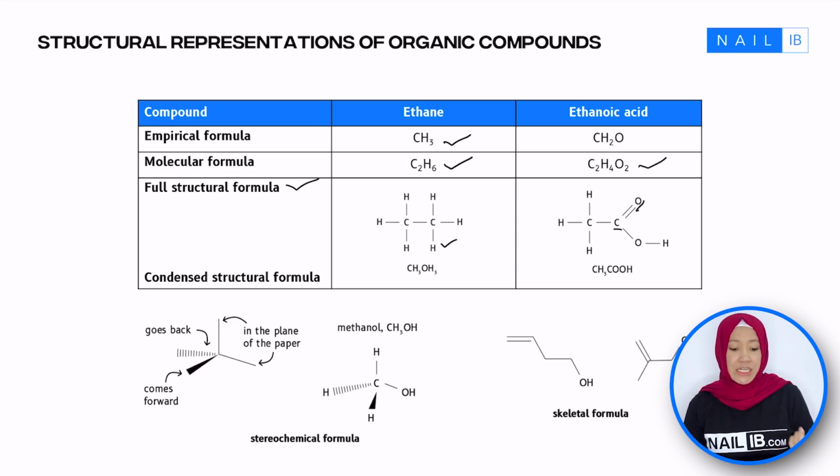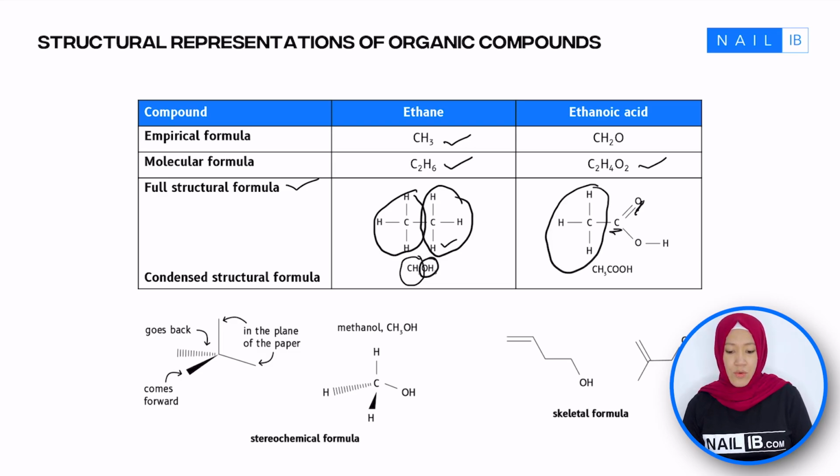Condensed structural formula shows the number of atoms involved in the molecule, but it doesn't show the bonds. So this is CH3, and CH3 from this CH3. And for this one, it is CH3COOH. So that is the condensed structural formula.